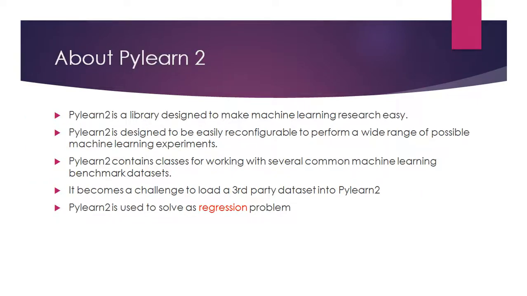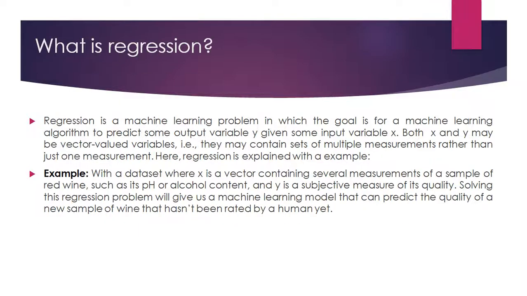Now, what is regression? It is used to solve regression problems. Regression is a machine learning problem in which we have to predict y, our output, from some input variable x. In regression, both x and y may be vector-valued variables.